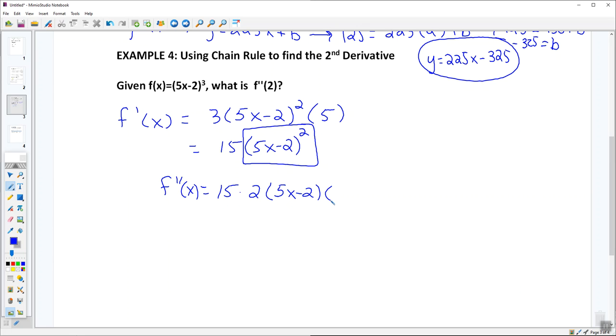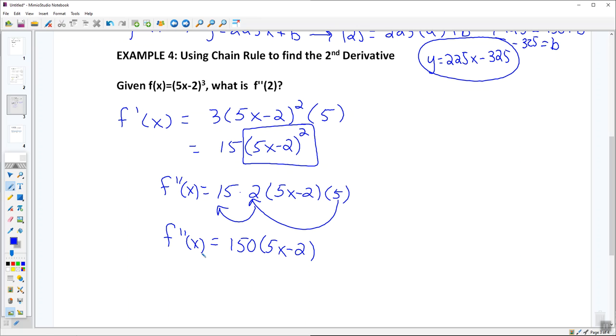Times what's inside. 5x. Just the derivative of what's inside. So just 5, right? Okay, how about 5 times 2 here? 10 times 15 more would make what? There's f double prime of x, kids.